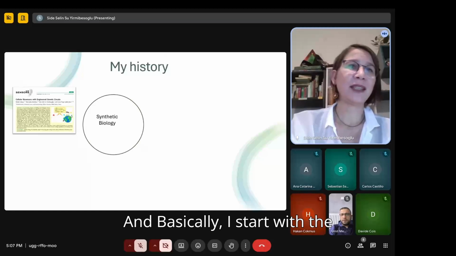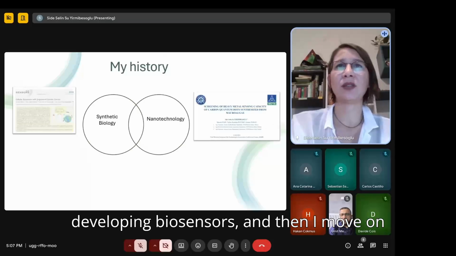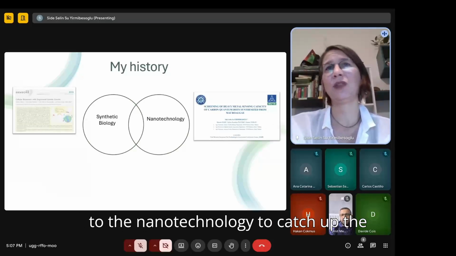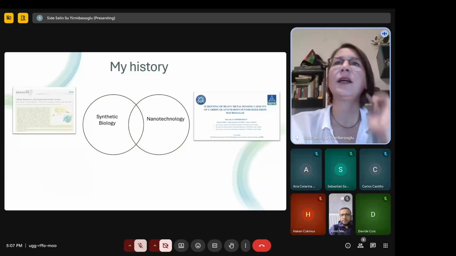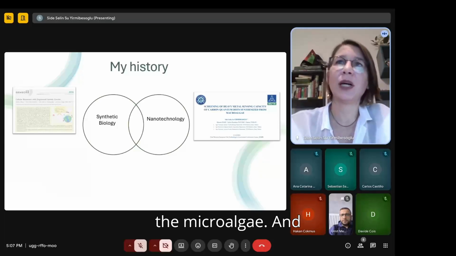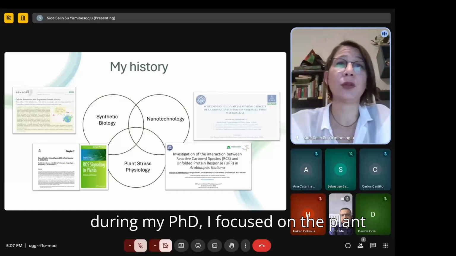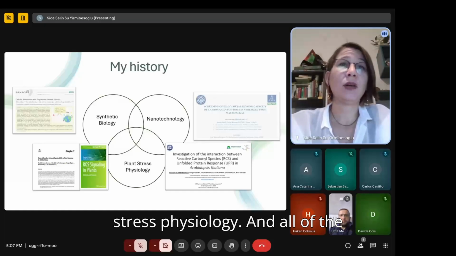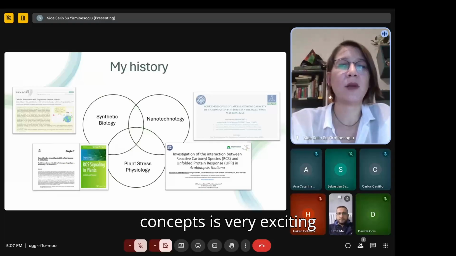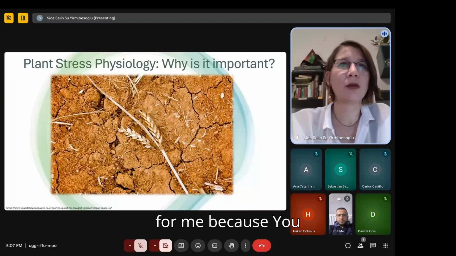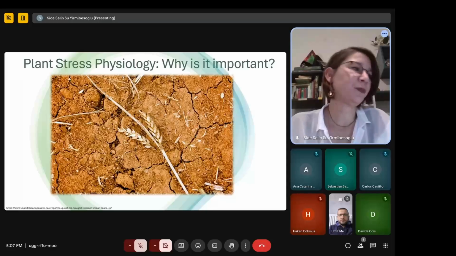Basically, I started with synthetic biology by developing biosensors, and then I moved on to nanotechnology to catch up with novel things. Last year, I developed carbon quantum dots from microalgae. And during my PhD, I focused on plant stress physiology. The crossroads of these three concepts is very exciting for me, as you can also understand from this picture.